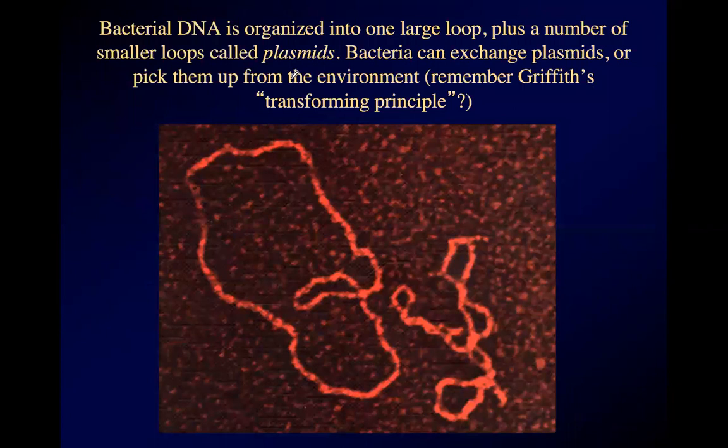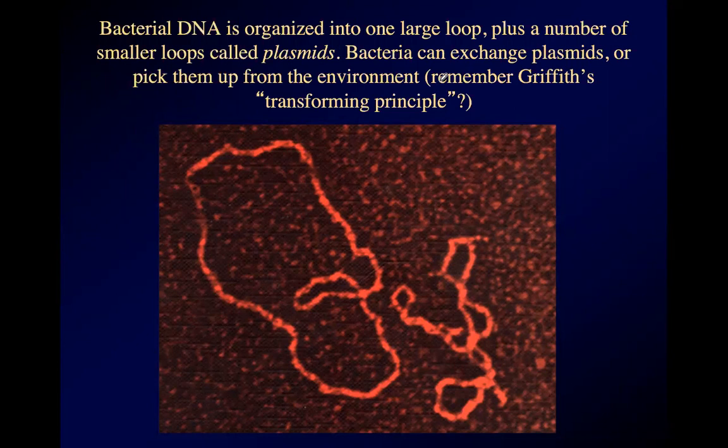Okay. I haven't said much about prokaryote DNA, but I should mention that it's organized not into chromosomes the way that eukaryote DNA is. Eukaryote chromosomes are long strips of DNA and they have two ends. Like any piece of string, they have one end and another end.